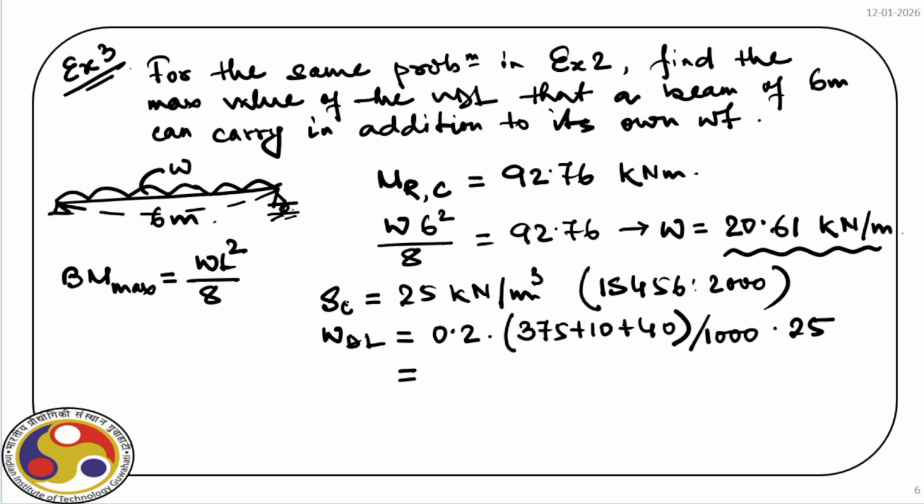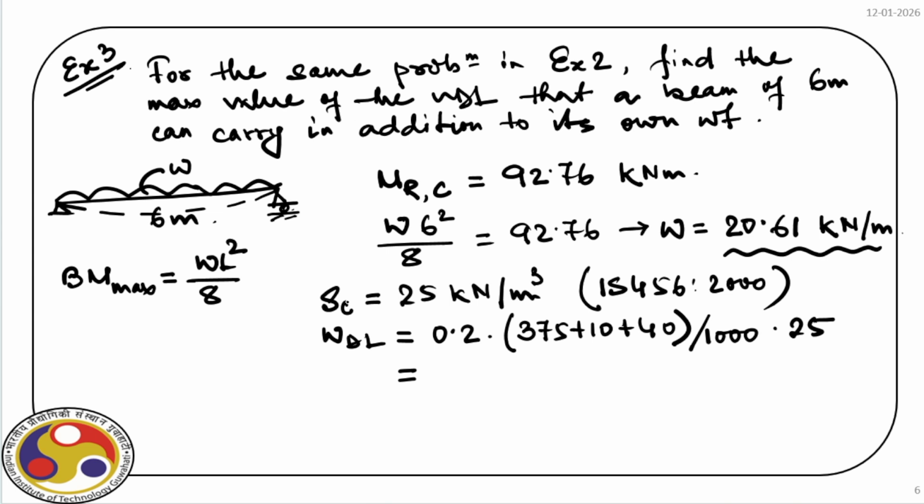And if you do this exercise, you'll get the value, which is 375 plus 10 plus 40, that is 425 divided by 1000.